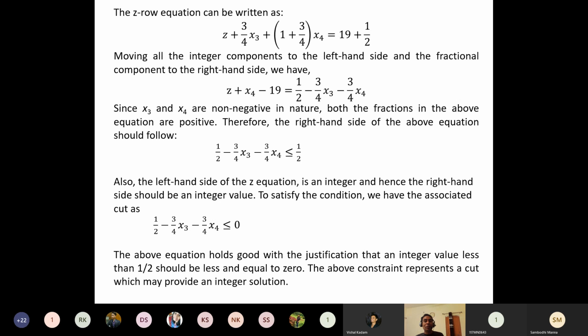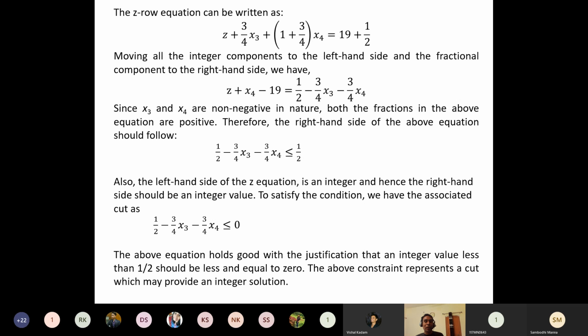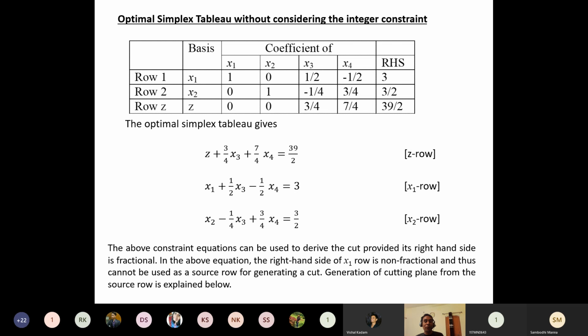Now this is for the Z row. Come to the x2 row. Similarly for the x2 row, we can write x2 minus 1/4 x3 plus 3/4 x4. Always make the fractional component have a positive sign.